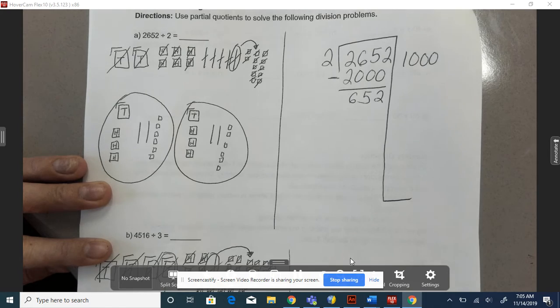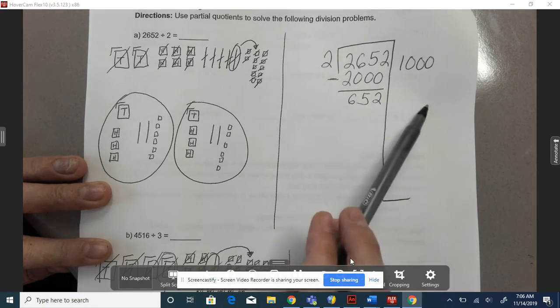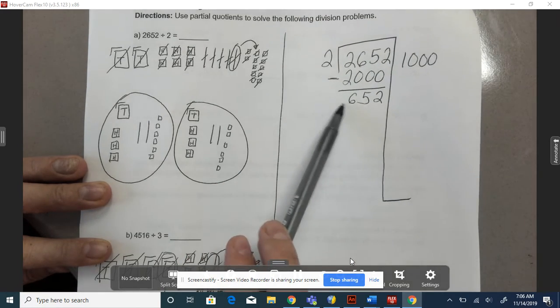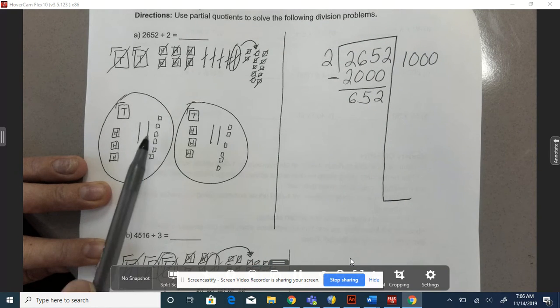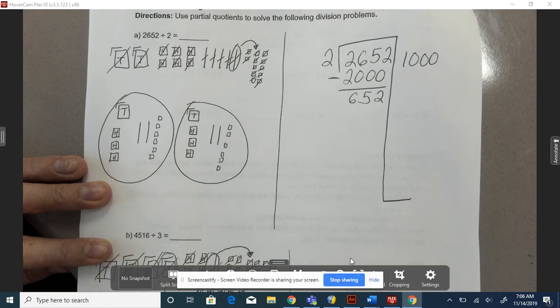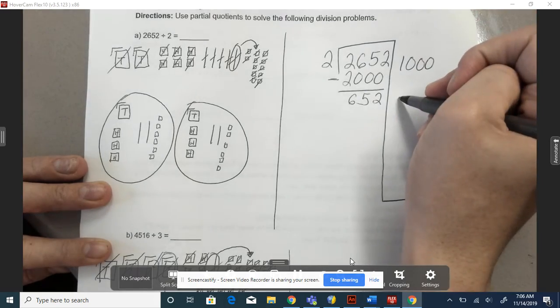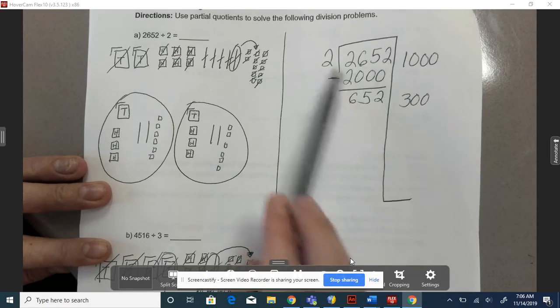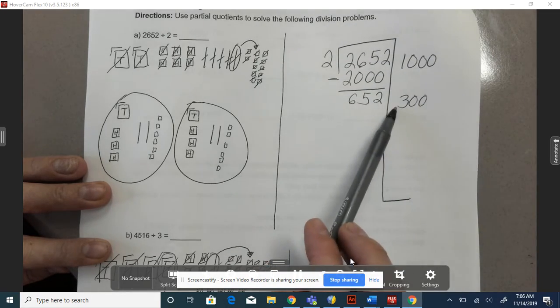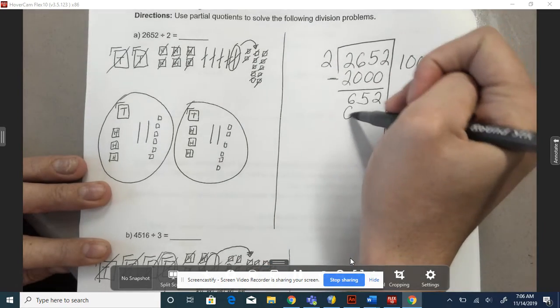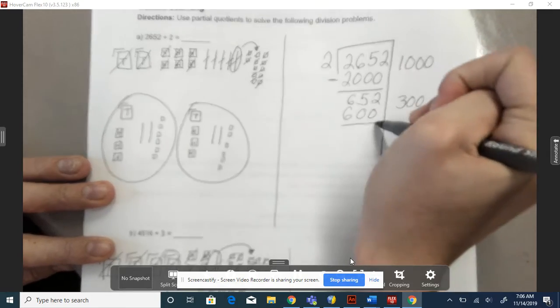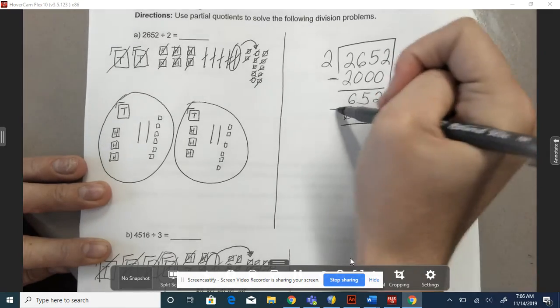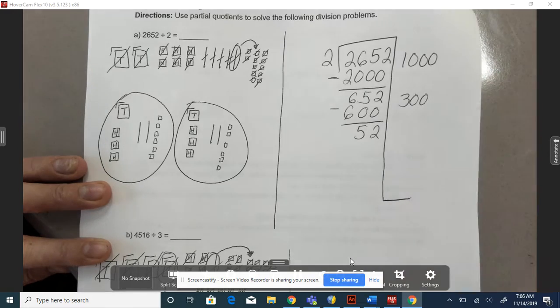Well, I know that 2 times 300 is going to get us to 600. Notice here we put 300s in each group. So we're going to put 300. 2 groups times 300 cubes in each group equals 600 cubes used.